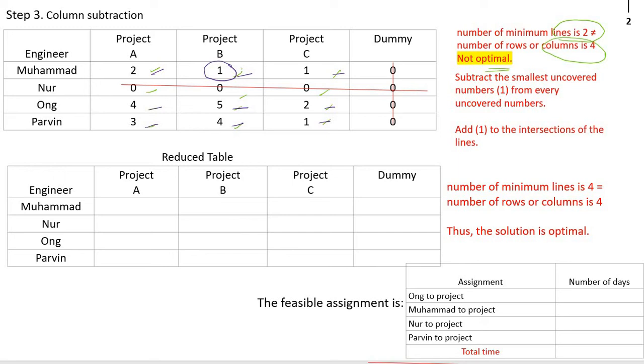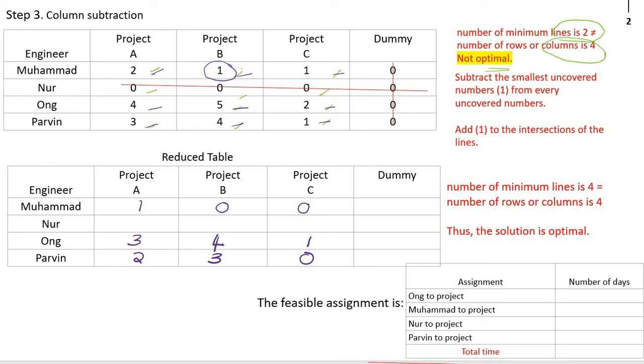So 2 minus 1 is 1, 1 minus 1 is 0, 1 minus 1 is 0, 4 minus 1 is 3, 5 minus 1 is 4, 2 minus 1 is 1, 3 minus 1 is 2, 4 minus 1 is 3, 1 minus 1 is 0.